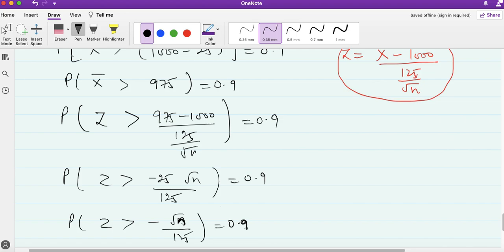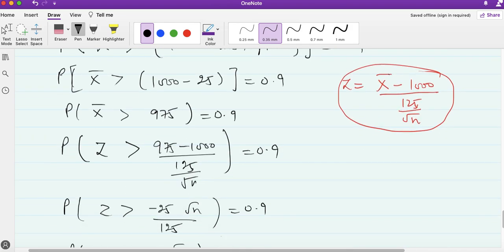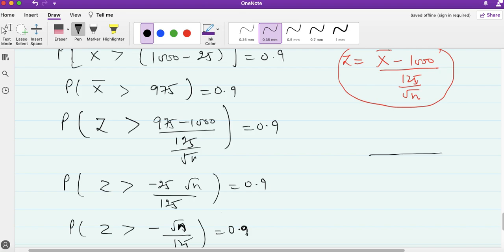Now we need the area of the Z table which matches with this point. So let us first see what is given in the question. Question says probability of Z less than 1.28 is equal to 0.9.